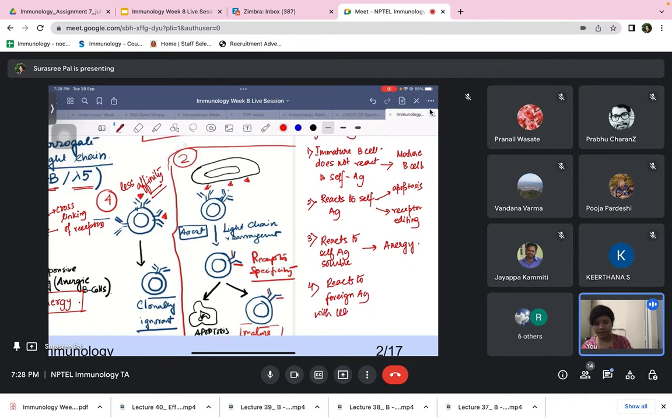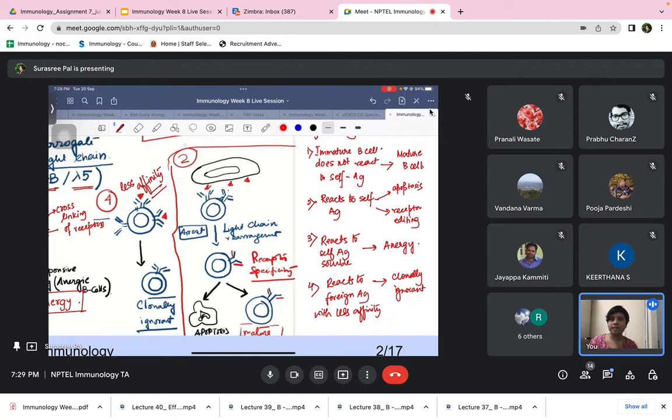And if that happens, this population will be clonally ignorant. That means they will still mature, but they will not be allowed to interact with any foreign antigen. Because they interact with foreign antigen with a very low affinity, which is not a good situation.